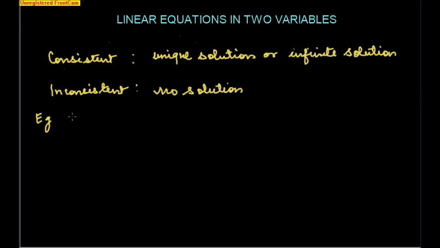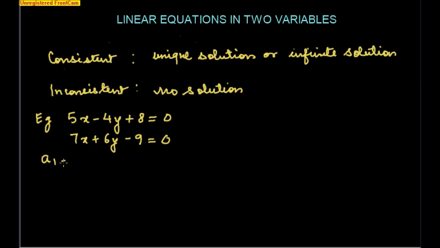If I take the equations, say 5x minus 4y plus 8 is equal to 0, 7x plus 6y minus 9 is equal to 0. Now we have to find out the type of solution these two equations have.